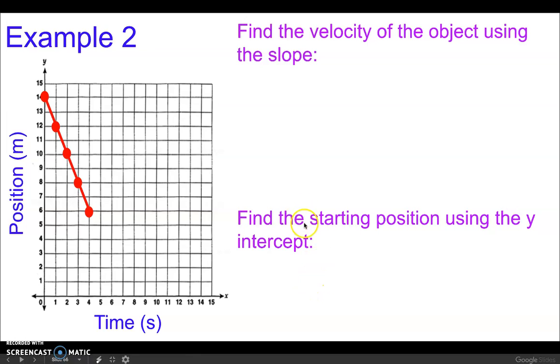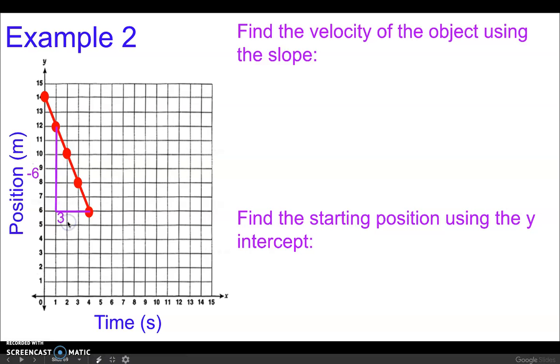Find the velocity of the object using slope. So we're going to draw on the rise and the run. Now notice this one is slanting downwards, so as we go to the right, the graph is going down. What does that tell us? Well, it tells us that the slope is going to be negative. So since I'm counting down here from 12 to 6, this is going to be negative 6.